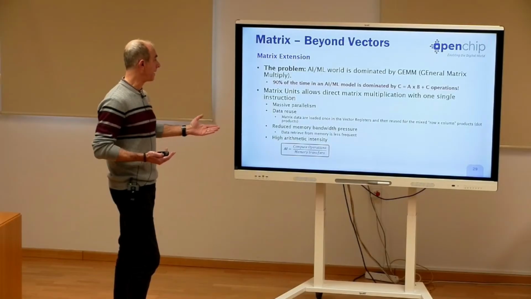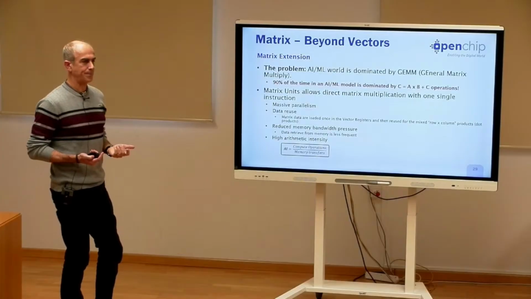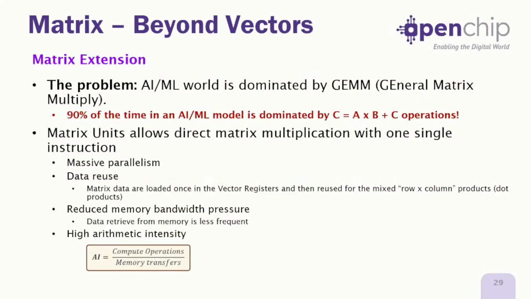So you have a massive parallelism, but what is also interesting is the data reuse. Because if you think of the way you do the matrix multiplication, you put data in matrix A, matrix B, and then you multiply the first row by all the columns. The first row stays always the same, so you don't need to retrieve this row from memory every time. And so you reduce the pressure towards the memory on this data.